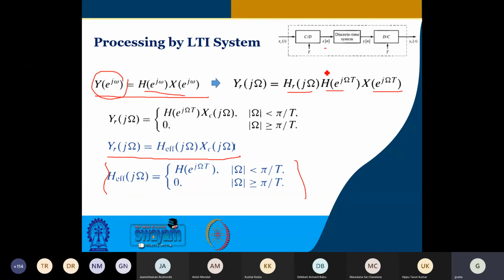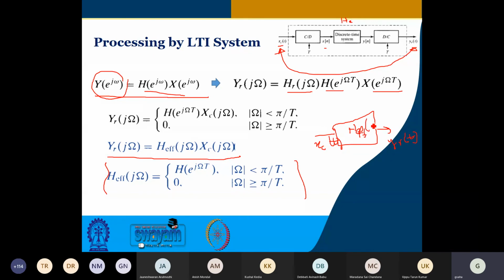So the overall system, this is continuous time to continuous time. If you look at it from here to here, this is continuous time. So this continuous time system overall is H effective. Basically we are talking about a continuous time input and a continuous time output. So this is your xc(t) and this is your, say, yr(t). You can give them the names x(t) and y(t) also, and over here you have H effective(jΩ).